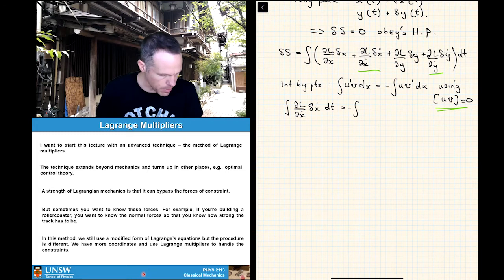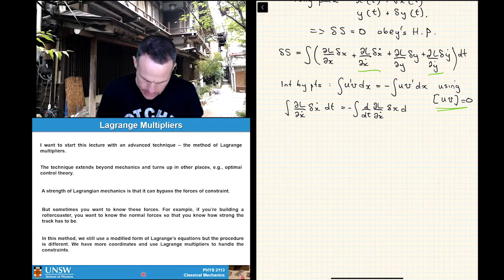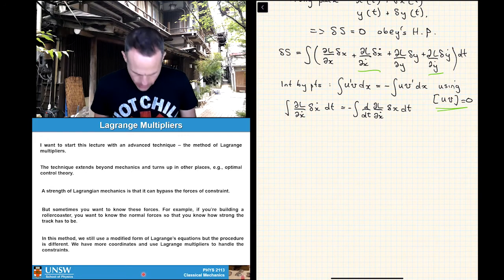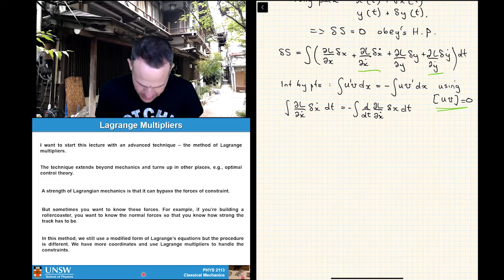What am I doing here? Oh yeah, of course. I'm taking d on dt of dl on dx dot, delta x dt. Okay, so even I had to remind myself exactly what I was doing just then.